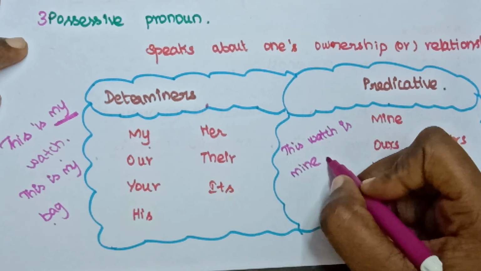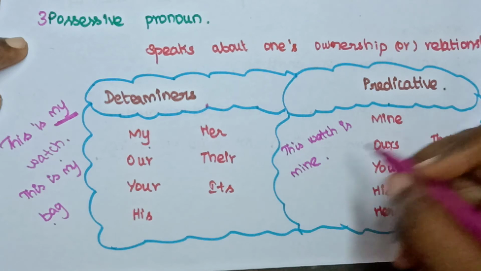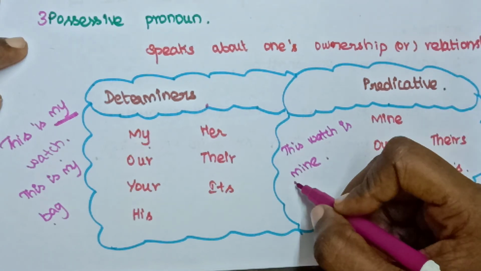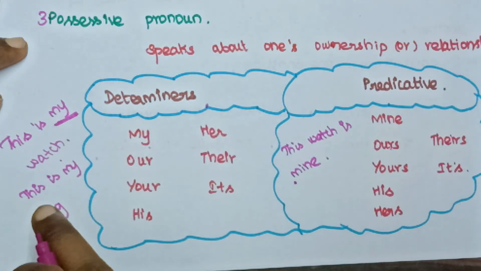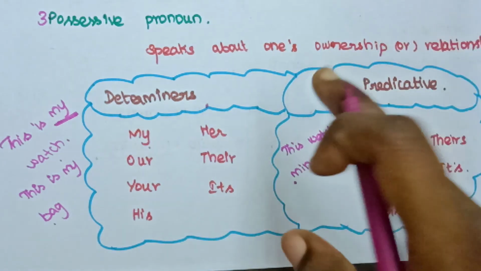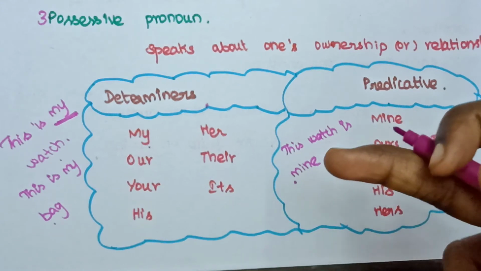This watch is mine. So here, what is described is not followed by a noun. That watch belongs to me. It is not followed by a noun, but a determiner will always be followed by a noun. So a possessive pronoun will definitely say a possession about something.